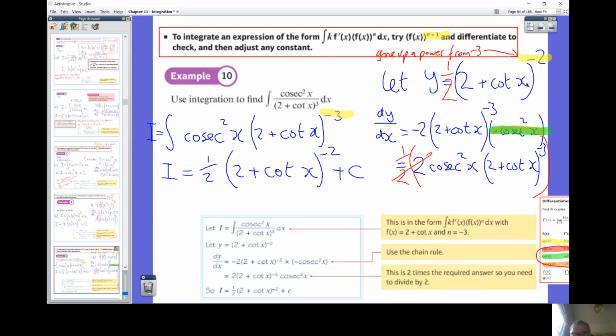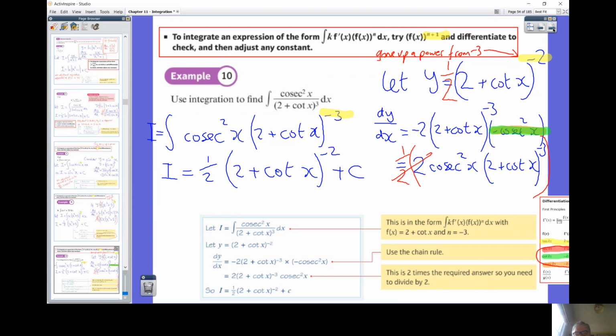The differential of cot x is minus cosec squared x. -2 times the minus is giving us a +2. So we've got 2 lots of this, whereas our actual question is a single lot of this. So our adjustment is a half here and here. When we integrate this, we get a half of 2 plus cot x to the -2, plus c.